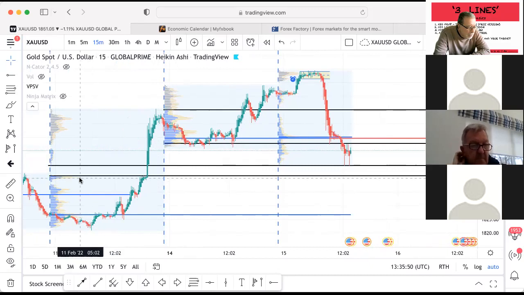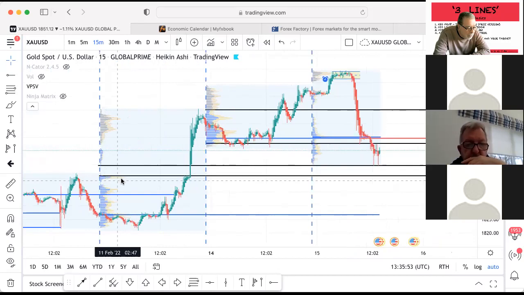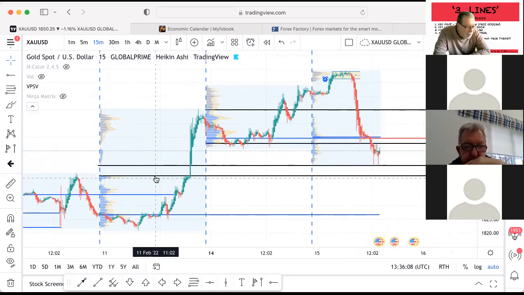And when it gets to this point, this is an area where there was quite a lot of activity. And then there's another, not exactly the same, but another area of vacuum. And these are what I would call the points of interest. That point would be somewhere where price would go to.